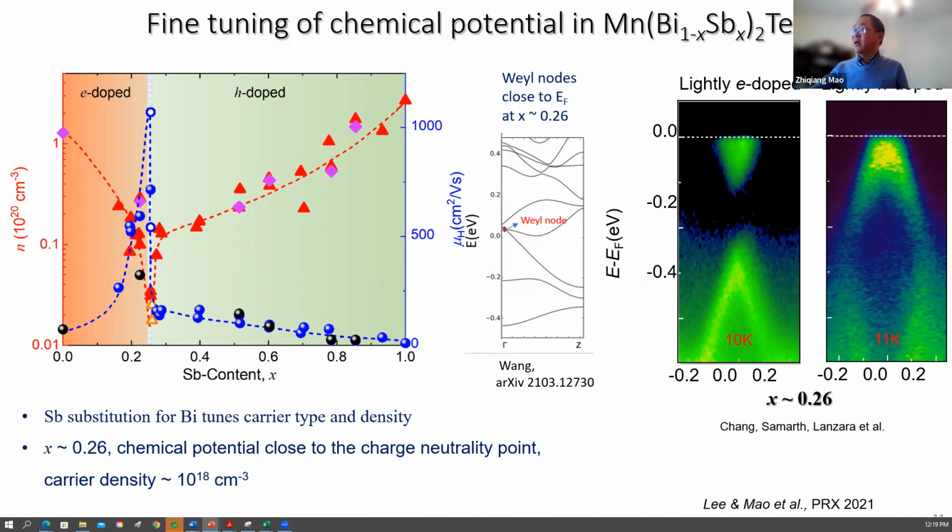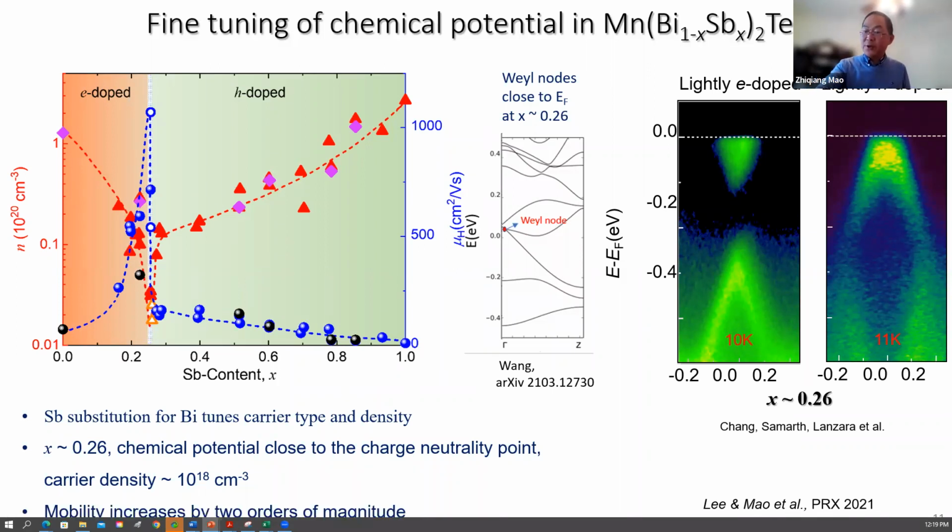What I'm showing here is the data measured on a sample with light hole doping. So the transport signature of the Weyl state is observed in a lightly hole doped sample. Here the Fermi level is pretty close to the top of the valence band, clearly hole doped.